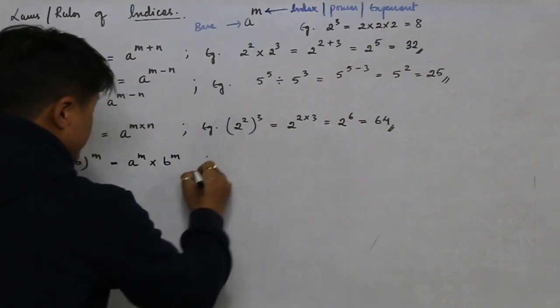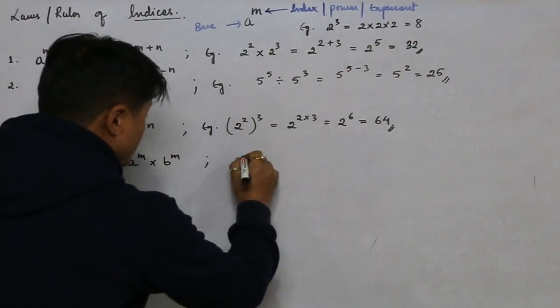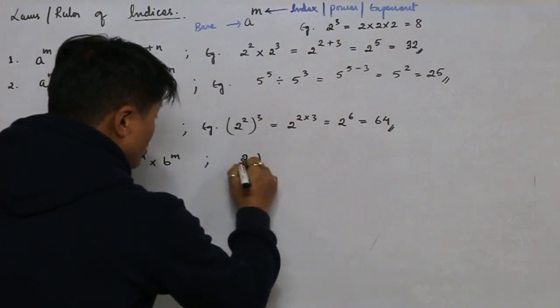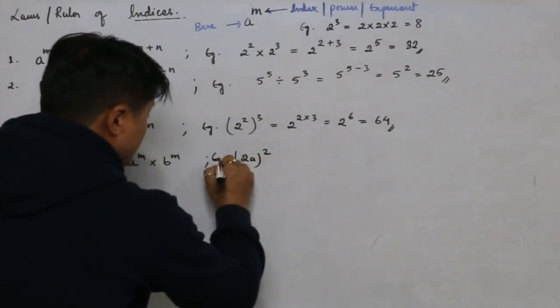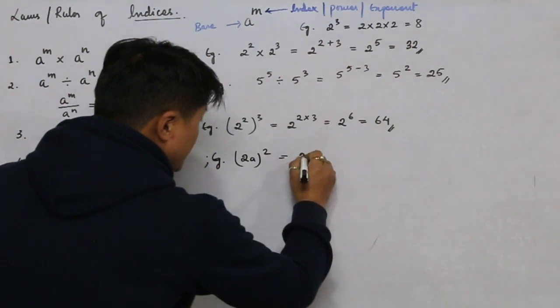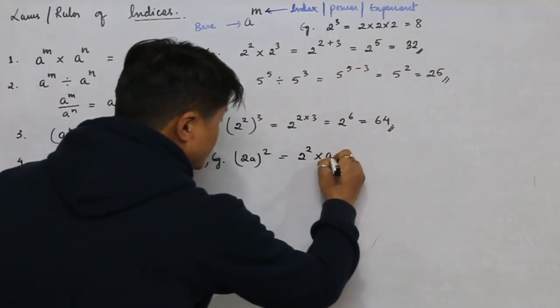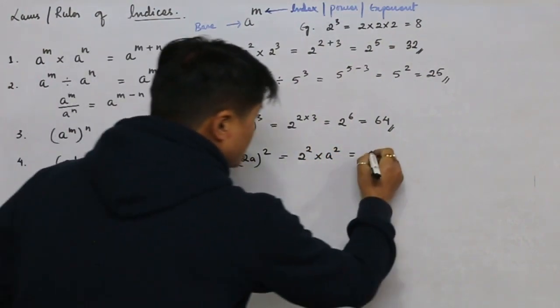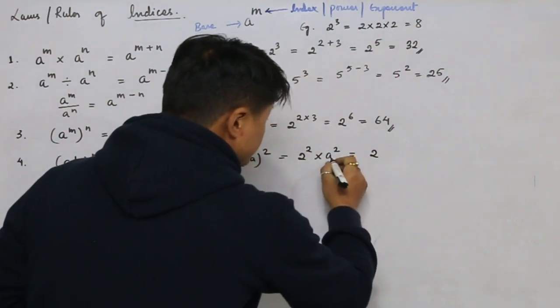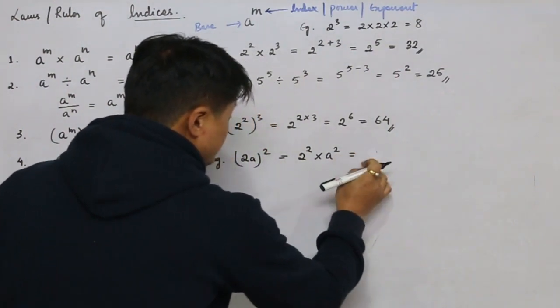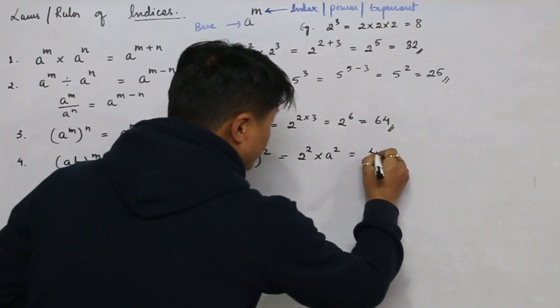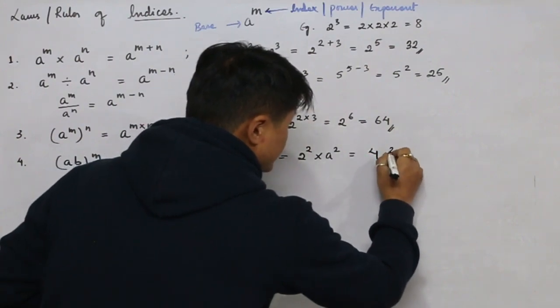Clear? Let's take one example. 2a whole to the power 2. This will be written as 2 to the power 2 into a to the power 2. 2 to the power 2 is 4, so it becomes 4a square.